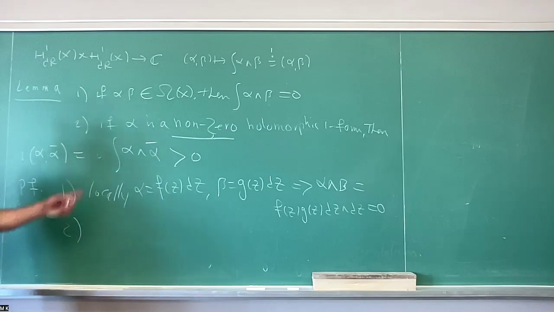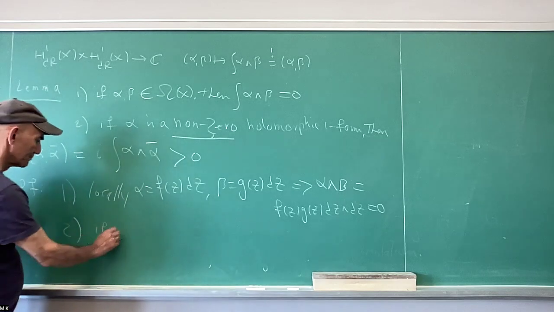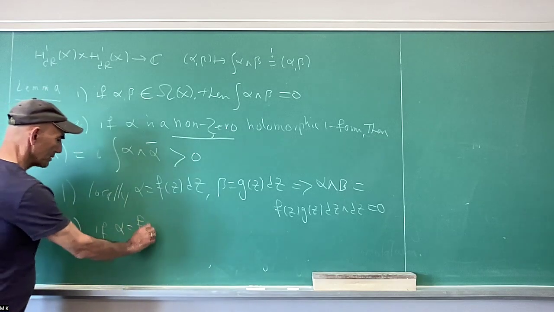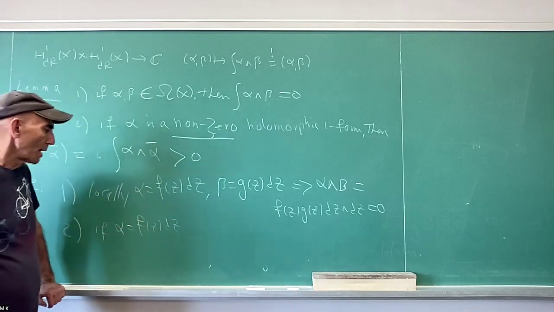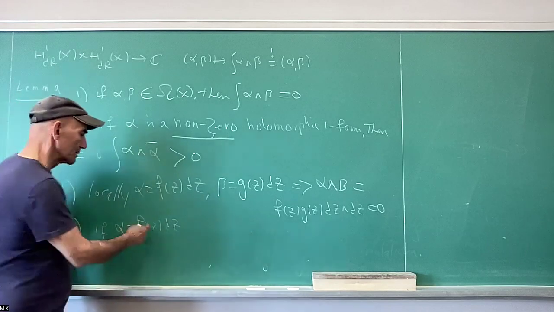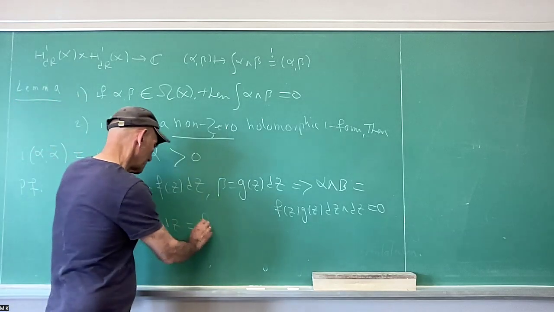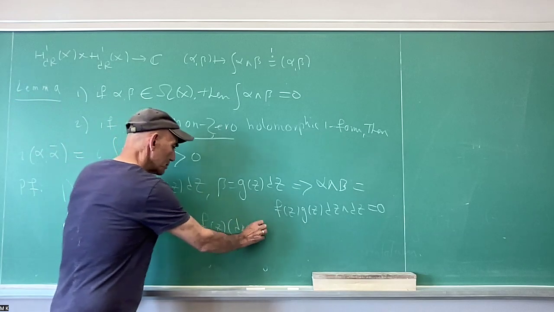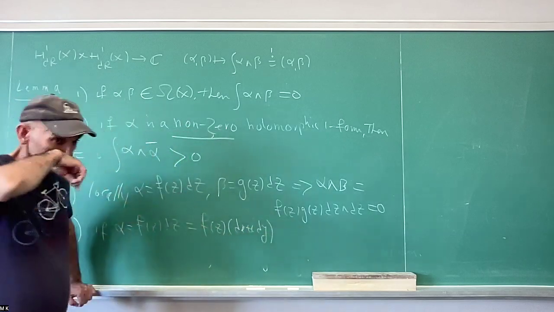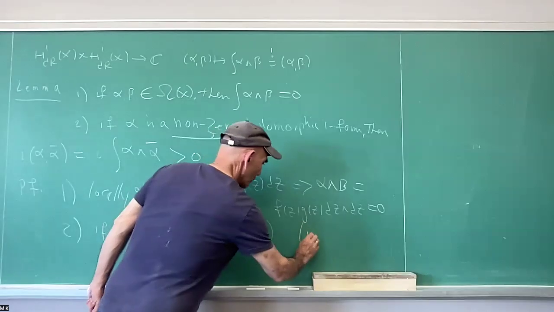Two, now let's look at this one. If alpha again is f of z dz, we can write this as f of z times dx plus i dy. Locally we can always do that.